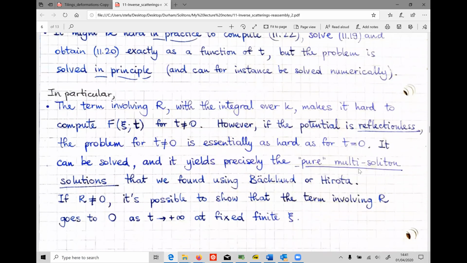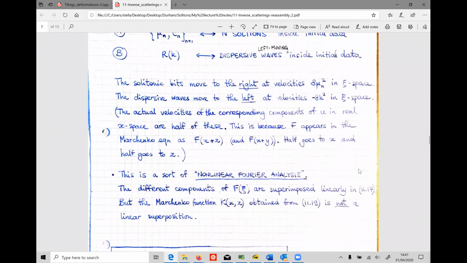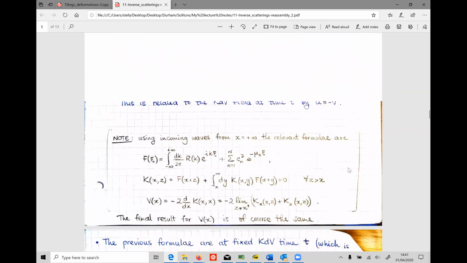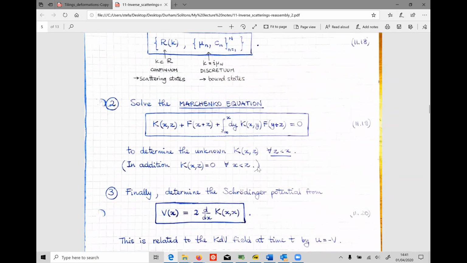So what is nonlinear is that we're actually interested in the Schrödinger potential V, or the KdV field U, but that's obtained here from the integral kernel k that solves the Marchenko equation.